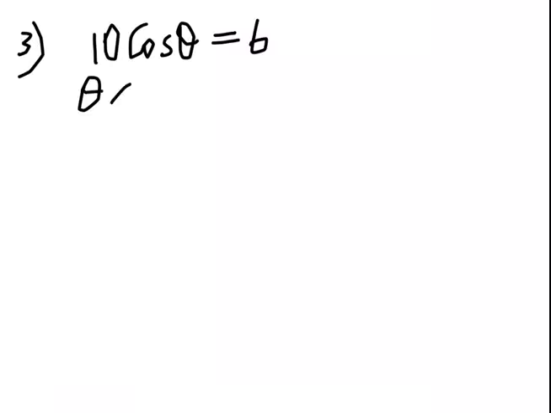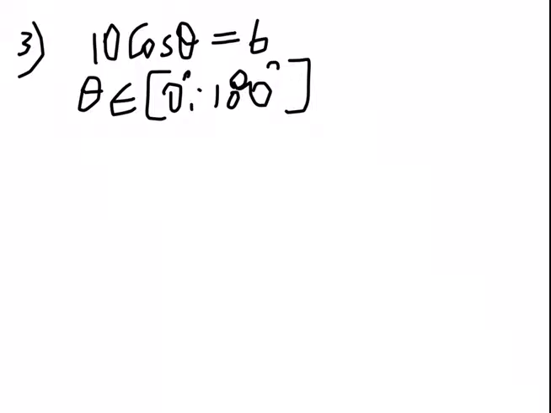Then when it comes to number 3, you can still be given, let's say, 10 cos of an angle, and let's equate it to that, and say this is an element of 0 degrees and 180 degrees.